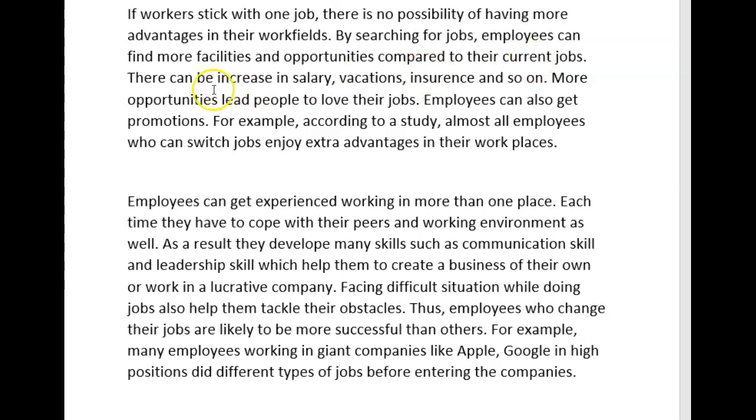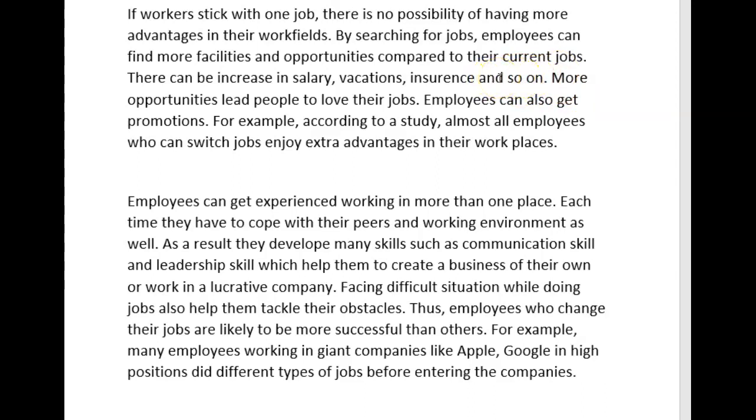Let's see. There can be an increase in salary, vacations, and insurance. Now, another thing, we don't really use and so on. You want to avoid things like etc. and so on, because if it's important enough to include it as a so on or as an etc., then you should name it by name and not just write it like this. So I would not use this.